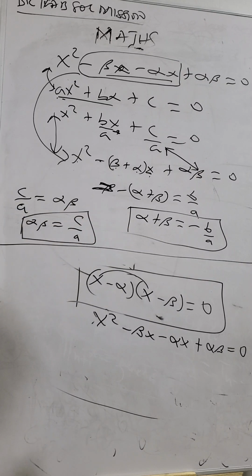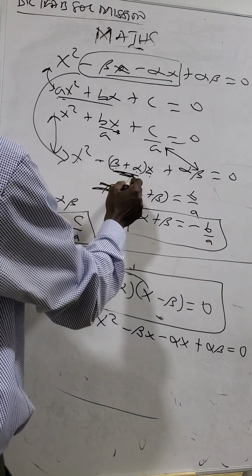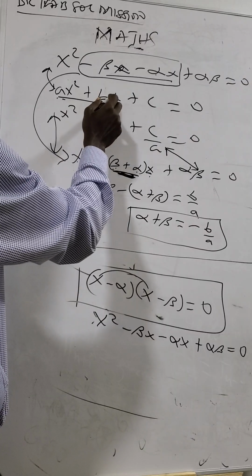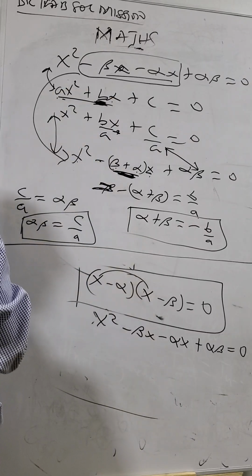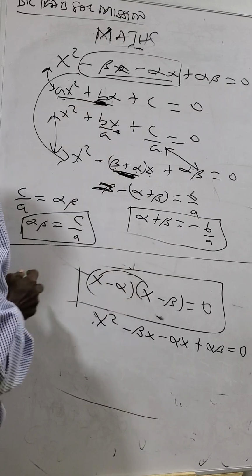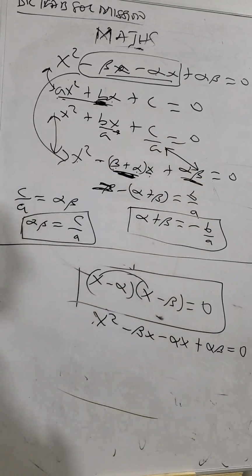So you see that when you have the equation, the sum of the roots will give you the coefficient of x, but remember, the negative coefficient of x, right? And then the product of alpha and beta will give you the constant.